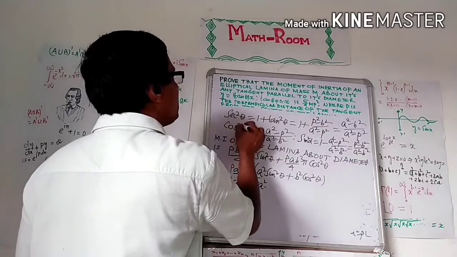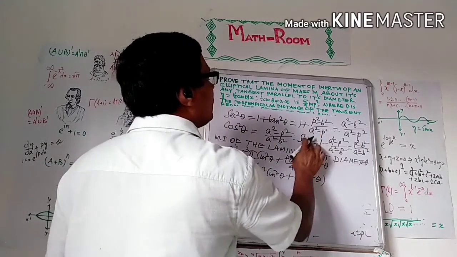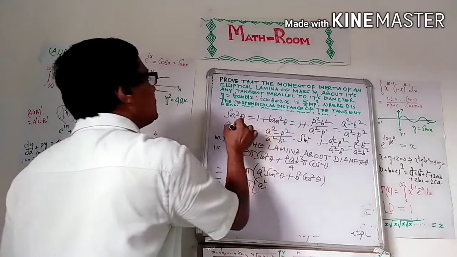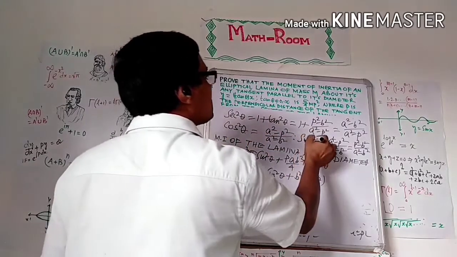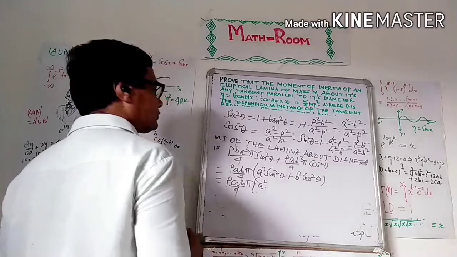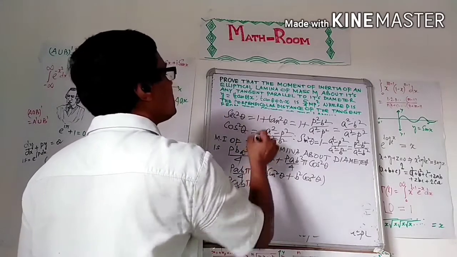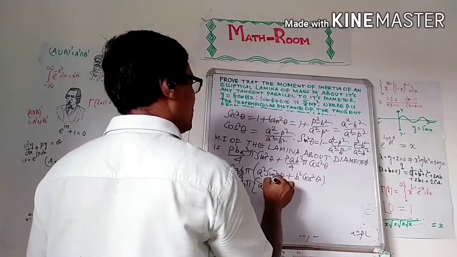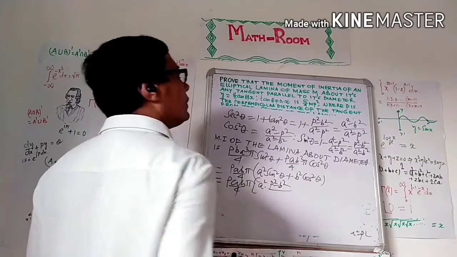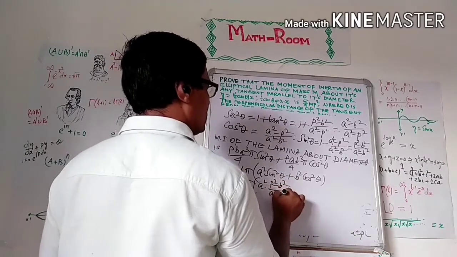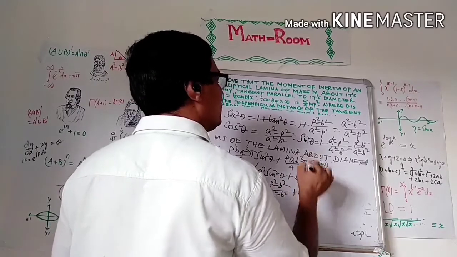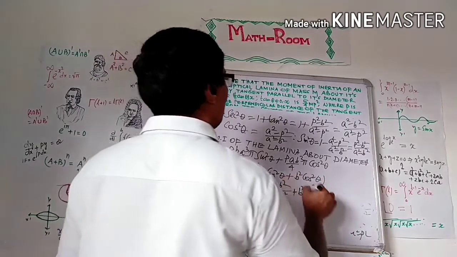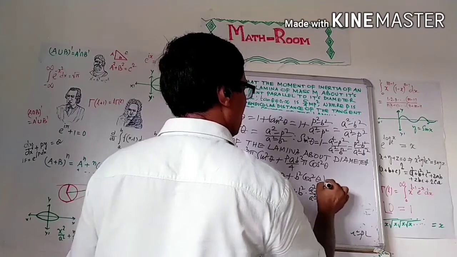There is also sin square theta and cos square theta, which was wrongly written. This is cos square theta and this is sin square theta. The value of sin square theta is (a square into sin square theta) is (p square minus b square). a square minus b square plus b square into cos square theta is a square minus b square over a square minus b square.